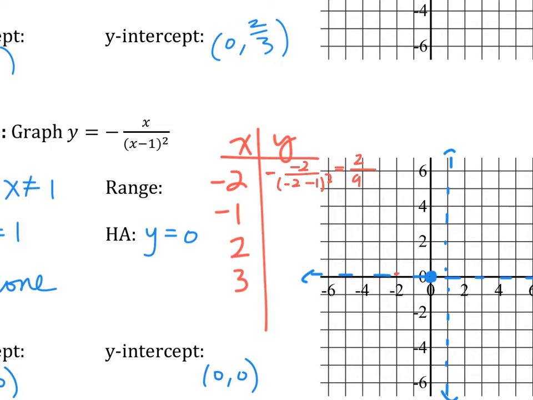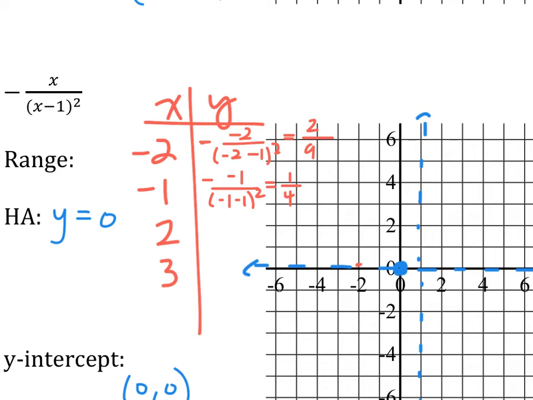Put a -1. -1 over -1 minus 1 squared. That is 1 over -2 squared. That's 1/4. 1/4 is, let's see, 1/4 compared to 2/9. Okay, so 1/4 is slightly higher. I'm not quite sure what is going on here.